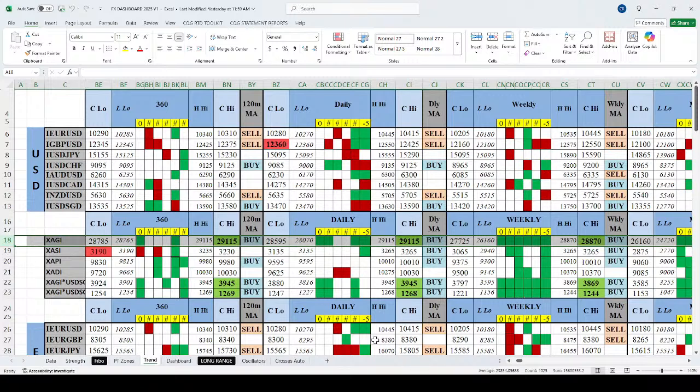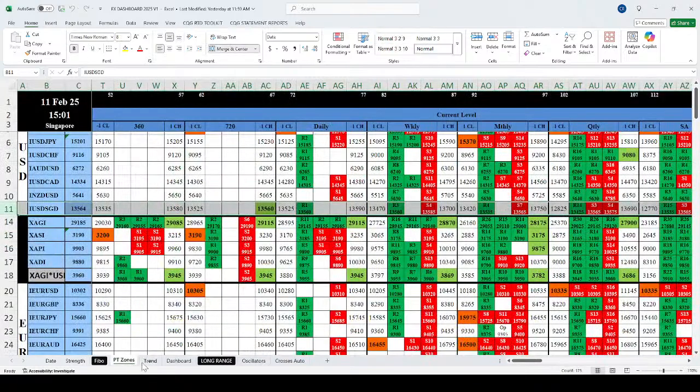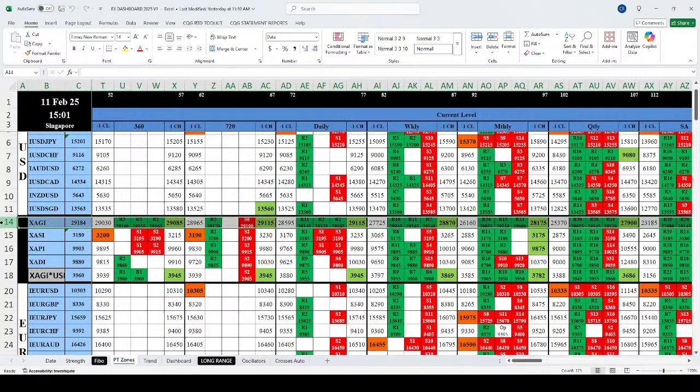Okay, so definitely I think we have no clues for a sell. But on the other hand, when we look into the PT zones, your 12 hours chart is already into the selling zone, which means to say that this market has already made a reversal.